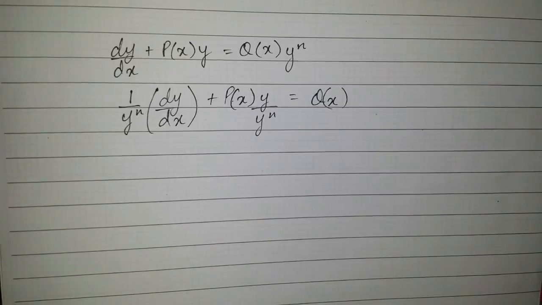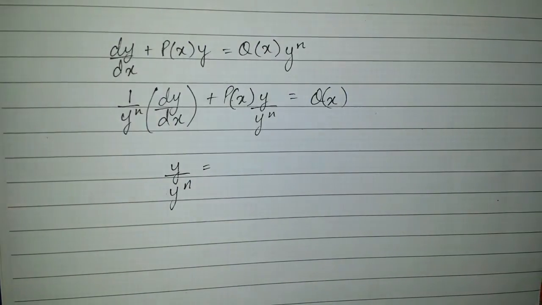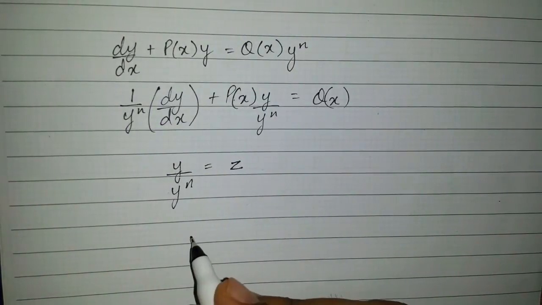Next, we will substitute a value for y^(1-n), say z. So we will differentiate this substitution in order to get the value of dy/dx. So this will become a term.